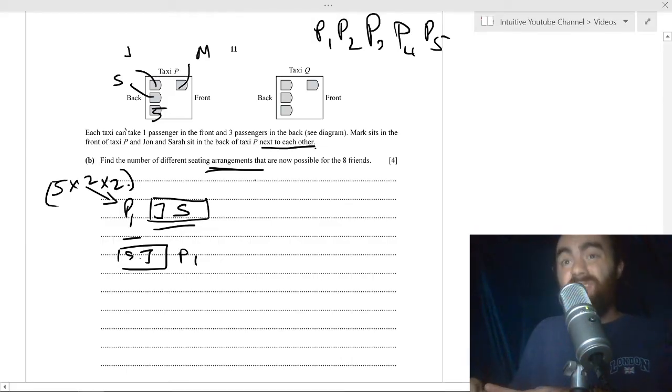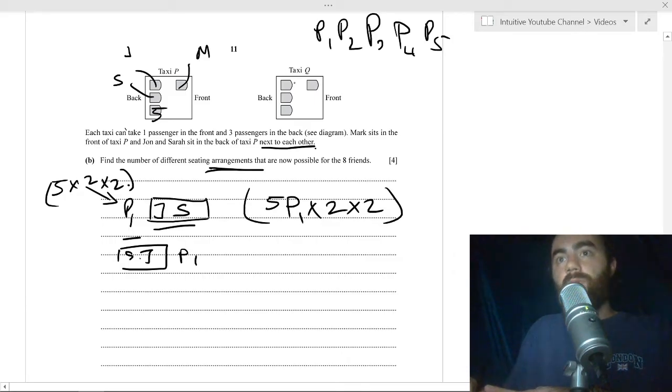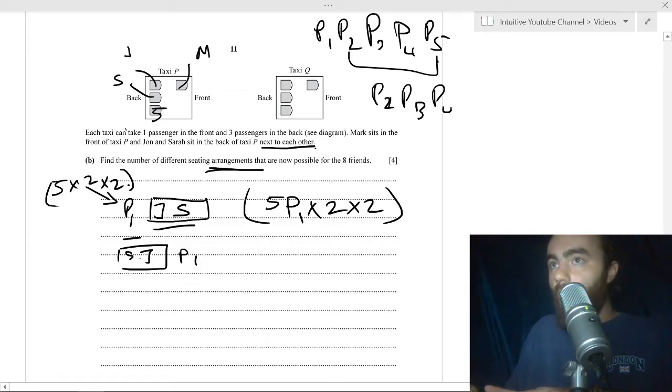So for this first part, you could say mathematically, it's 5P1 times 2 times 2, and then for the last one, that's how many ways we can arrange the 4 remaining people. We put them all in, like P1, P2, P3, P4, P5, and remember that's going to be different from P3, P2, P5, P4.